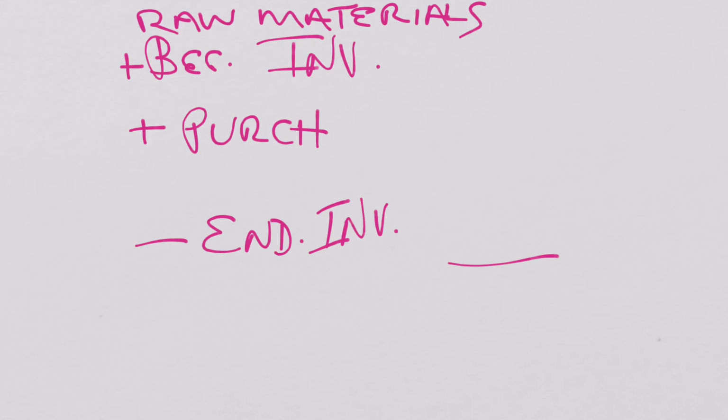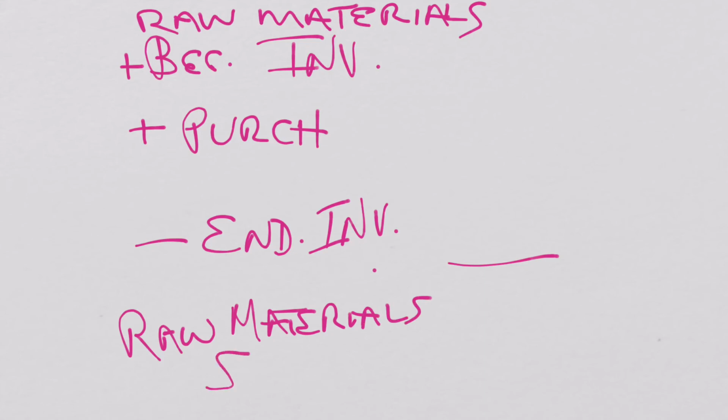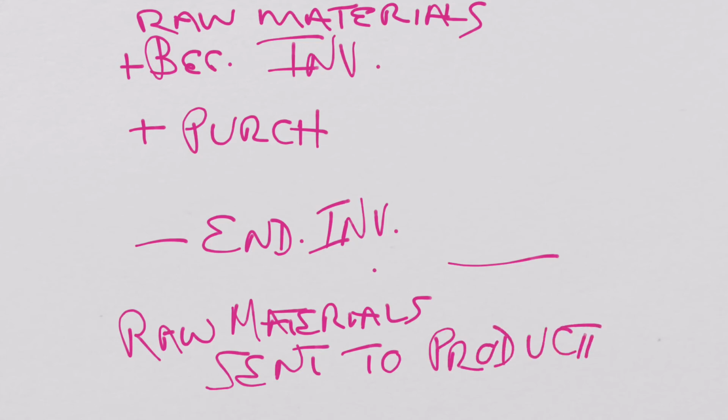What we get as a result of this formula is the raw materials not sold, but sent to where? If you said it, I heard it, very good: sent to production. So it's not sold in this case, but it's part of the production process, and so it went to production. And that's what you're getting. Okay, that was number one.